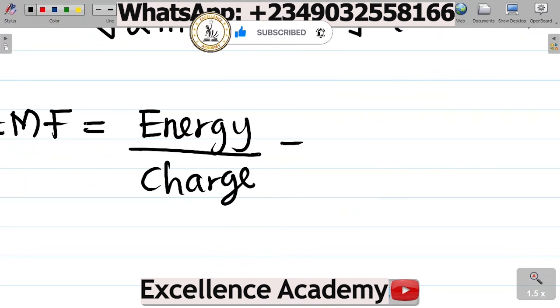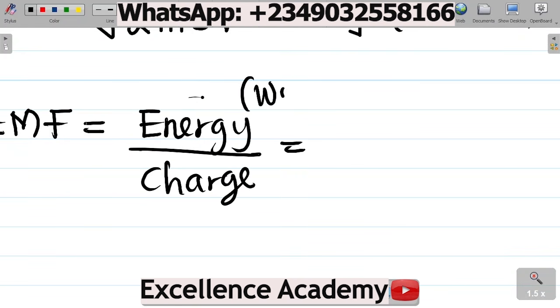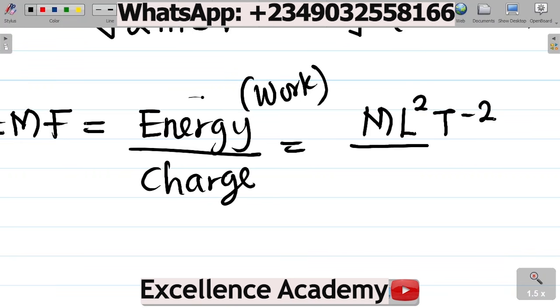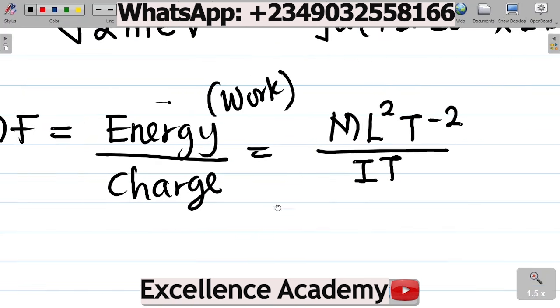And for energy, energy has the same unit, the same dimension as work. And for work, the dimension is simply ML squared T to the power minus 2. For charge, the dimension is current times time, that's IT.